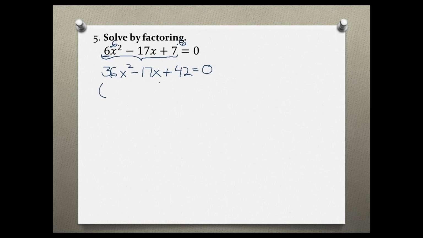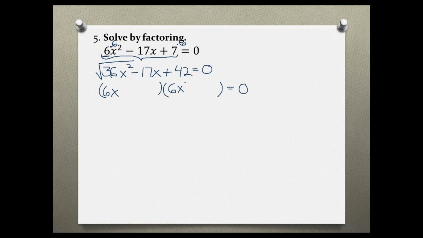Now I continue by writing my empty sets of parentheses and then square rooting this first term. So I get 6x, and I'm going to write that in both parentheses.